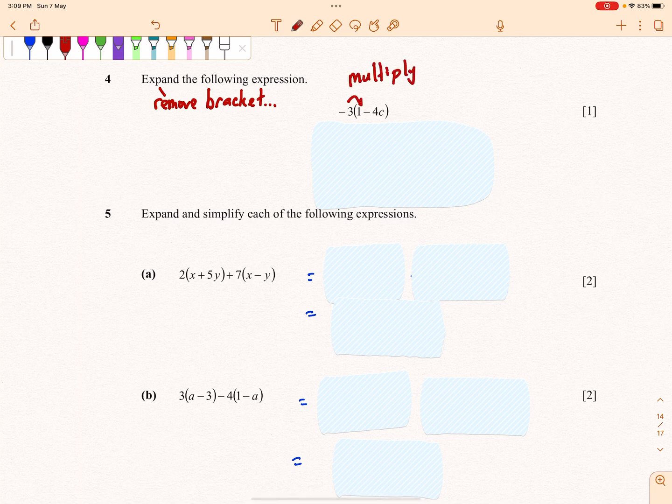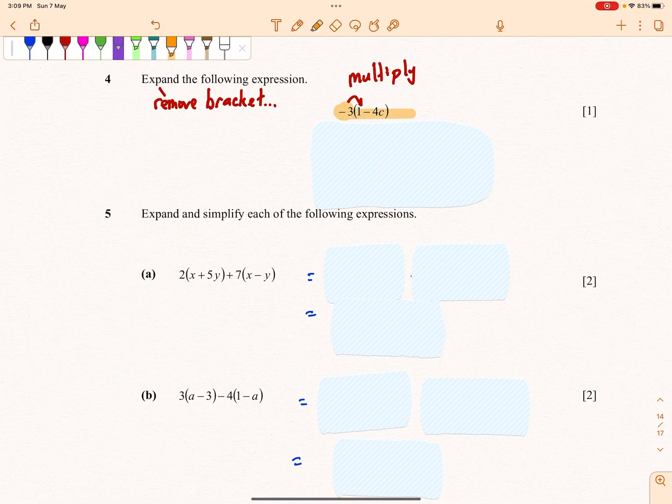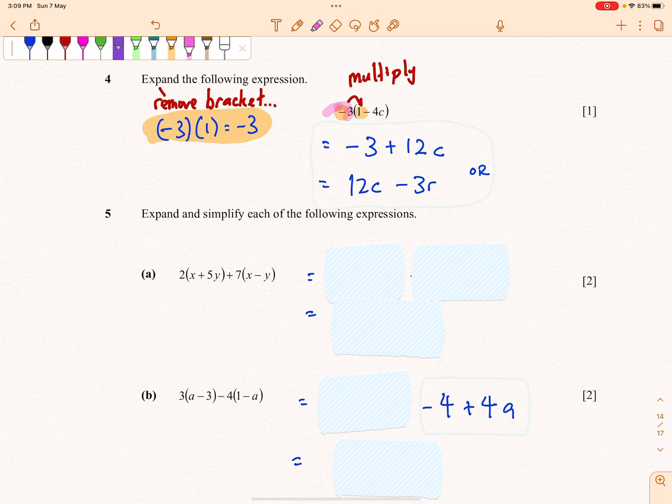Very carefully, you want to consider negative 3 times 1. Let us try and write it down. Negative 3 times 1, in your calculator you will get negative 3. This is the orange working.